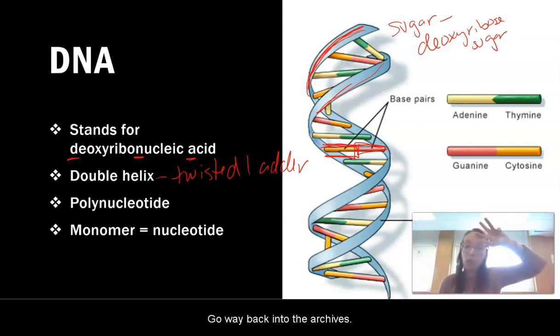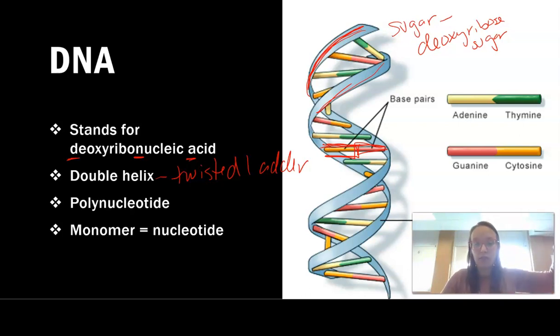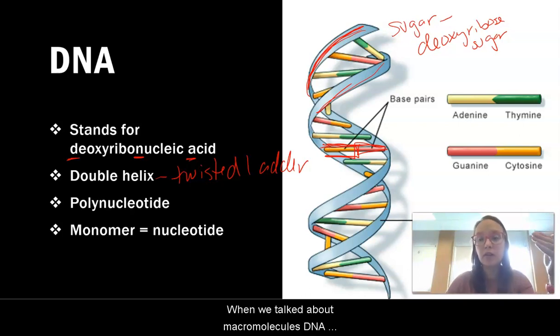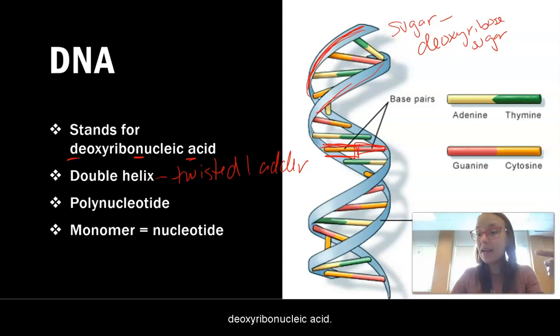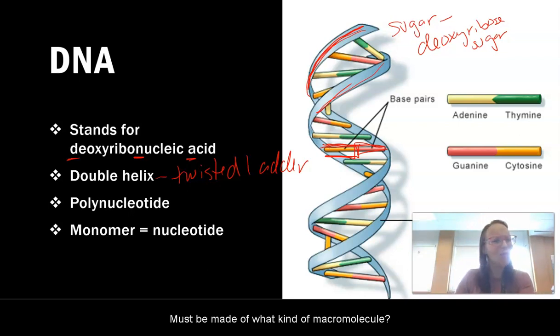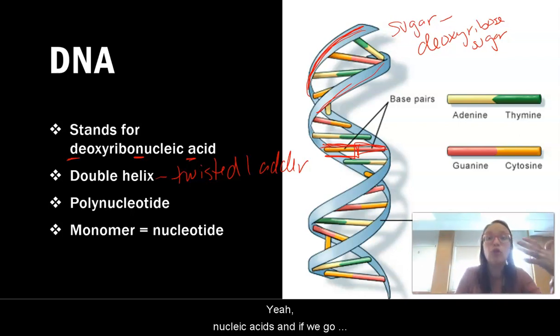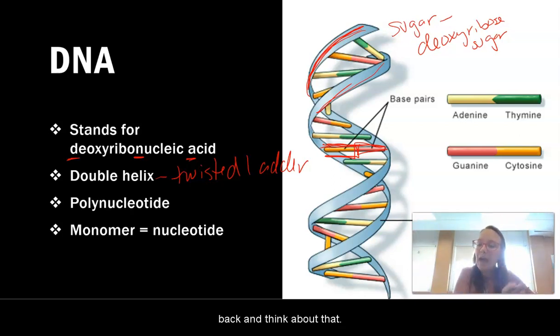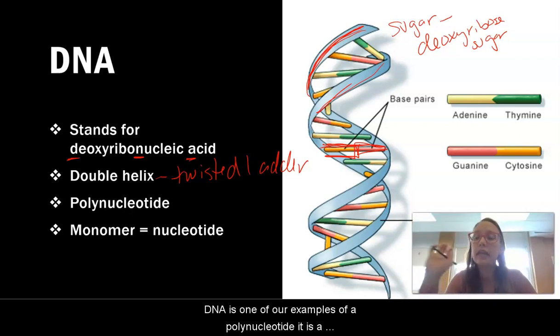So go way back into the archives, right? When we talked about macromolecules, DNA, deoxyribonucleic acid, must be made of what kind of macromolecule? Yeah, nucleic acids. And if we go back and think about that, DNA is one of our examples of a polynucleotide, right?